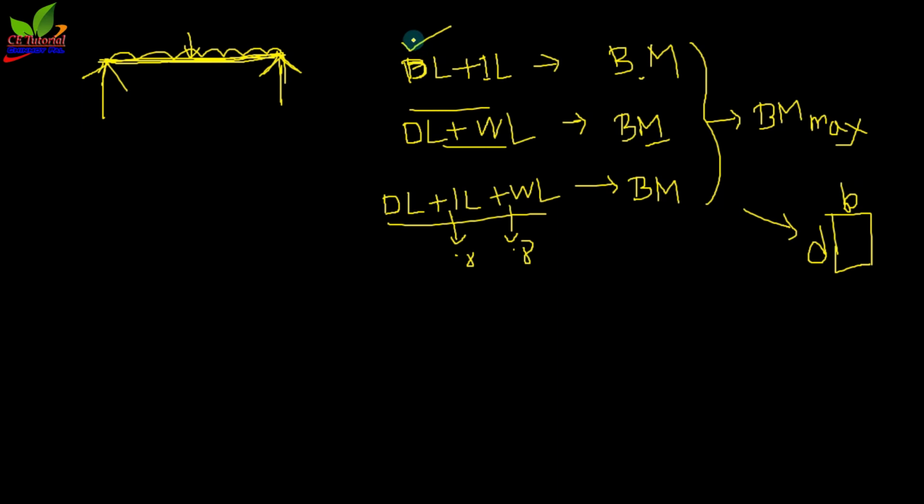Okay, now what we can do, we can assume some dead load. Generally we assume some dead load, and the live load is the imposed load coming from the purpose of the structure.